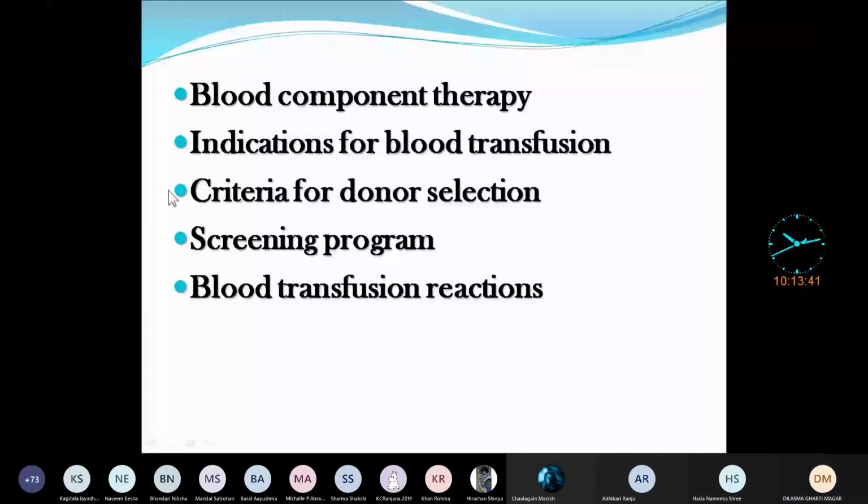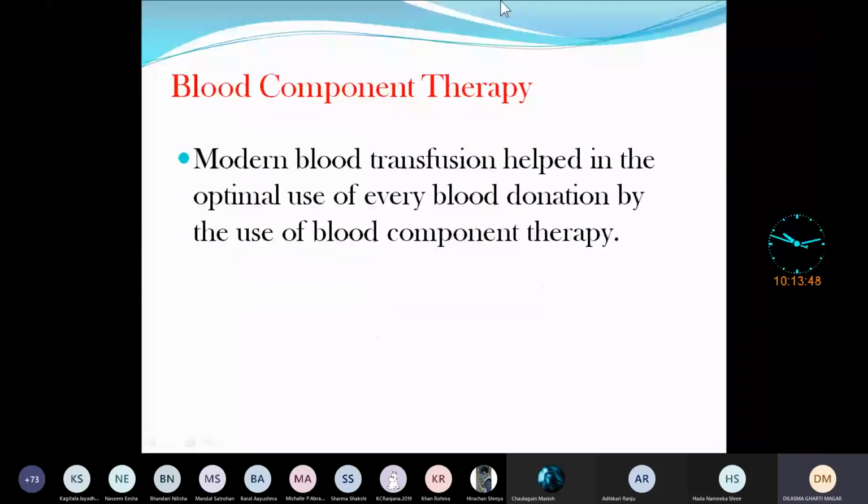So we'll come to blood component therapy. Here the first sentence you see: modern blood transfusion helped in the optimal use of every blood donation by the use of blood component therapy. Modern blood transfusion means blood transfusion you have understood, isn't it?